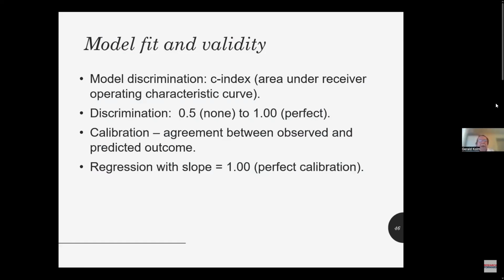And then calibration, we want to look at the agreement between the observed and predicted outcomes. And we do this by looking at a regression with slope equal to 1, with 1 being perfect calibration, meaning there's perfect agreement between the observed outcomes and the predicted outcomes, whether it's a mean or a probability or whatever it might be.